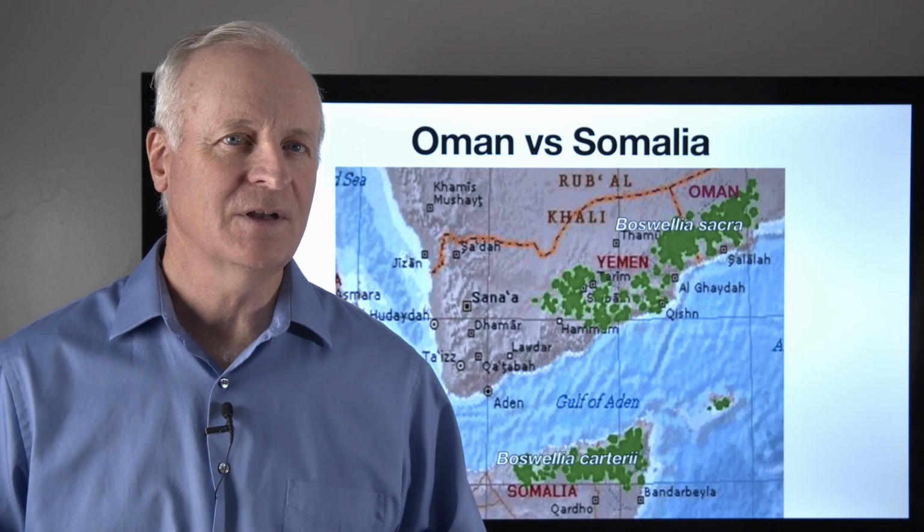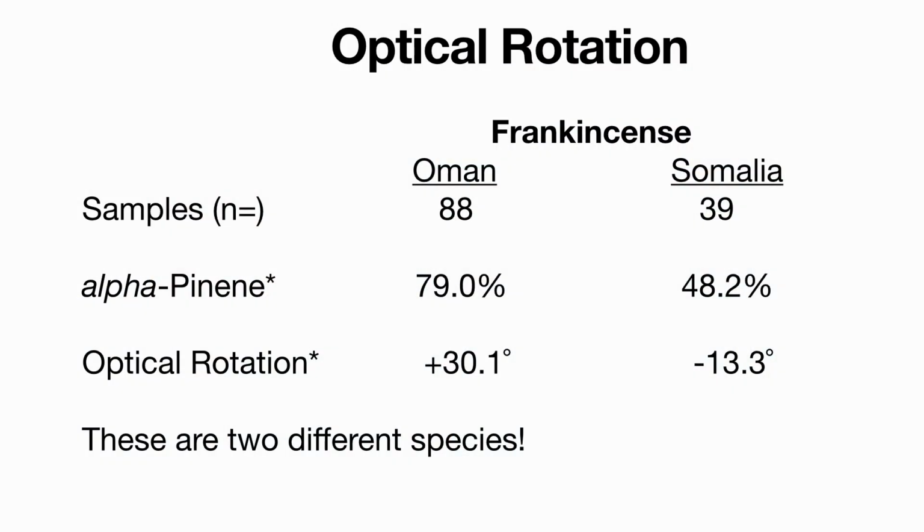Are they significantly different? Well, let's look at the optical rotation. The Oman frankincense, if you put the Hasek and Mughsal together in the data, there's a plus 30-degree optical rotation, whereas the Somalia frankincense is negative 13 degrees.